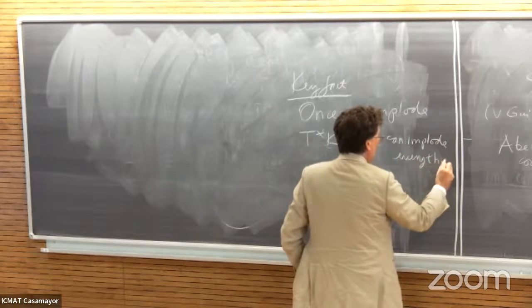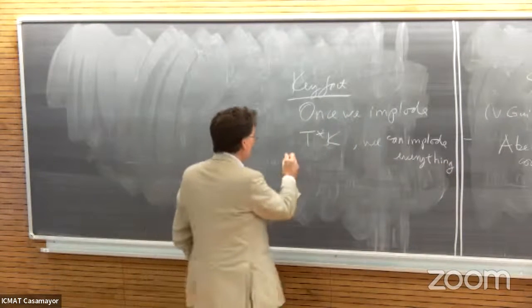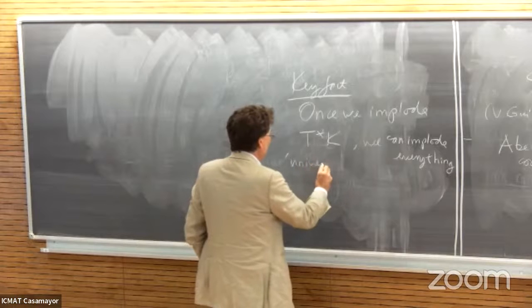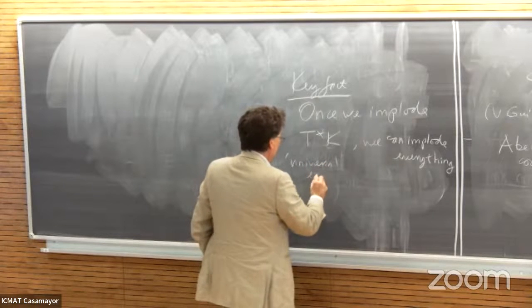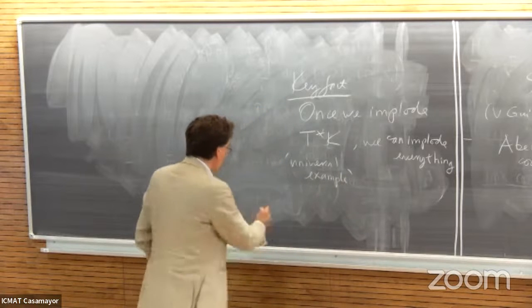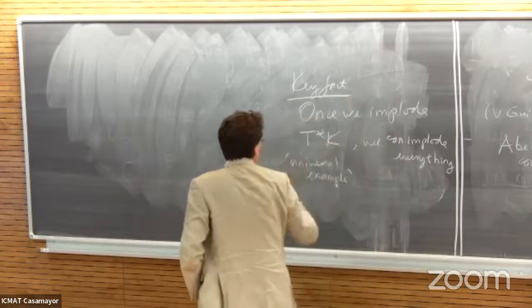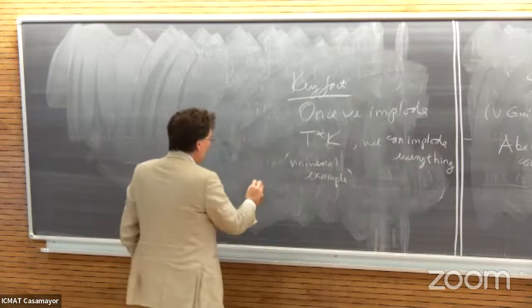So that is the relevance, which I'm going to come to in a few minutes, to Moore-Tachikawa. So this, in a sense, is a sort of universal example. So what do we actually do? How do we implode this thing?